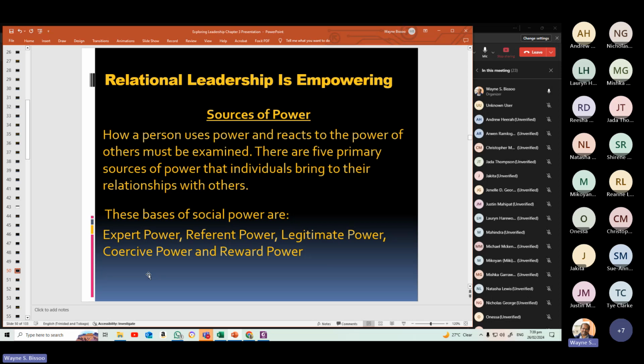So parents have coercive power because they are parents. That allows them to administer punishment. And that punishment in itself is a way in which you can exercise your power. But in an organization, coercive power may be not like parents, but like a boss who would fire you or demote you or remove bonuses, that type of stuff.